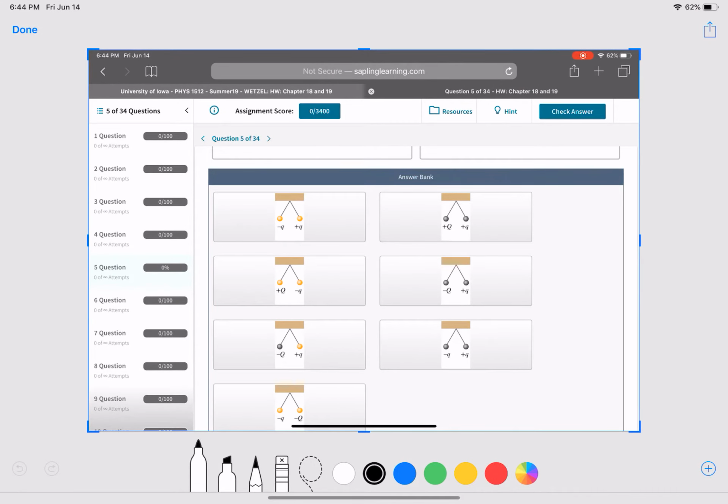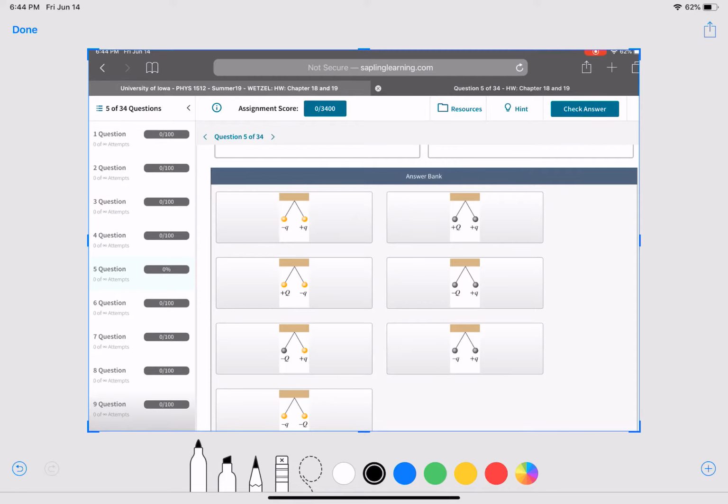So if I look at these charges, they're hanging from the ceiling, right? So there's going to be gravity down, and in the case of these two, you've got an electrostatic force that's going to bring them together. So these two will come together and be at rest at the end and live happily ever after.